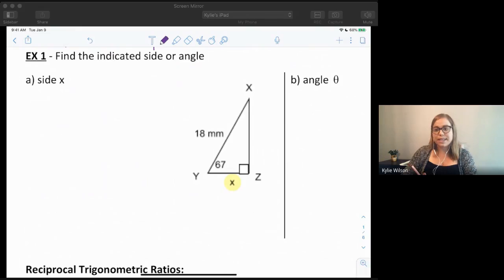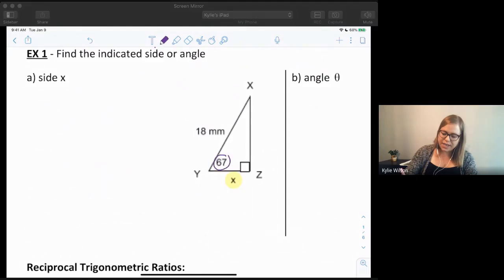So that means I can use SOHCAHTOA. Next, I circle the angle that I'm given, and I label the sides that have values. The side that is across from my right angle is my hypotenuse, and the side that is touching my angle is my adjacent side.